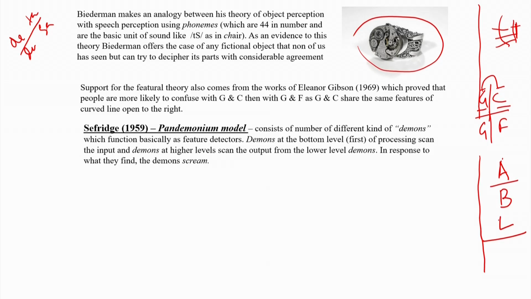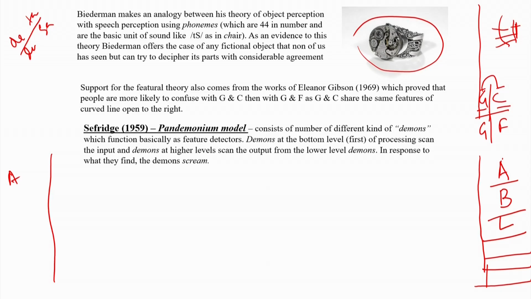Now, how are these letters perceived? What the pandemonium model of Selfridge says is that the perception of a letter, for example A, starts with several demons, he calls them demons and I call them sub processes, which are involved in the perception of A. So, if I have to perceive the letter A, it starts at a very basic level.